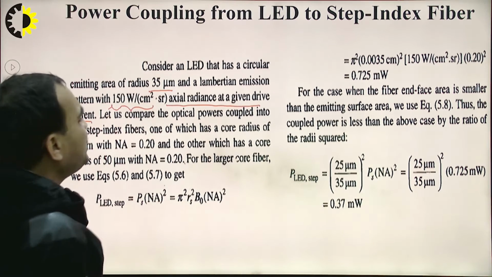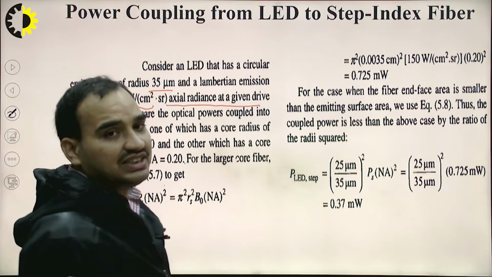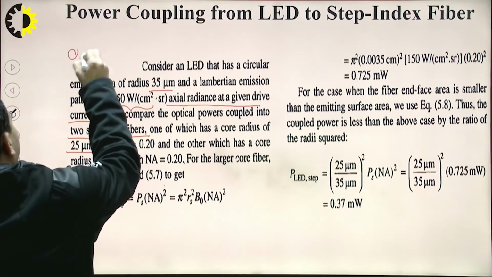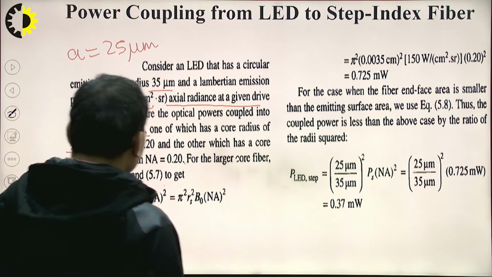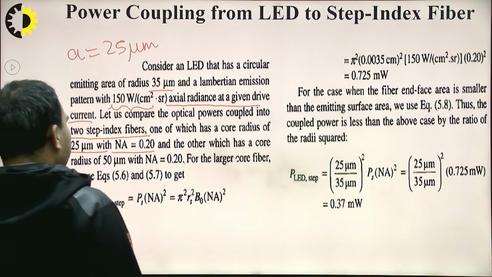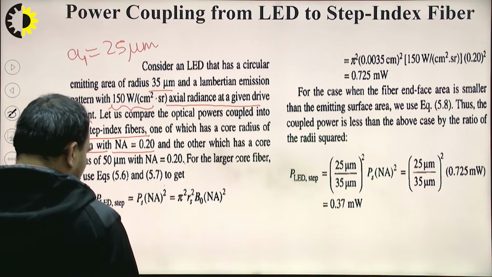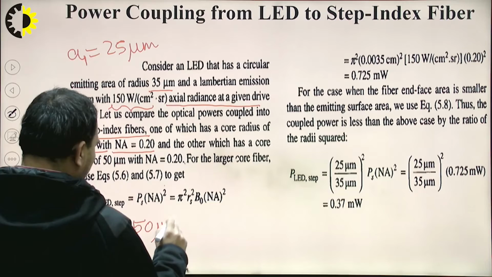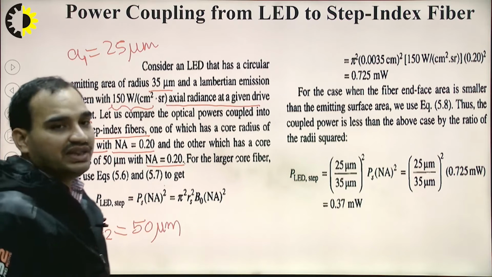Let's compare the optical power coupled into two step index fibers, one of which has a core radius of 25 micrometers, so core radius a is given as 25 micrometers, with a numerical aperture of 0.2, and the other, which we can take as a2, has a core radius of 50 micrometers, again with the same numerical aperture of 0.2.